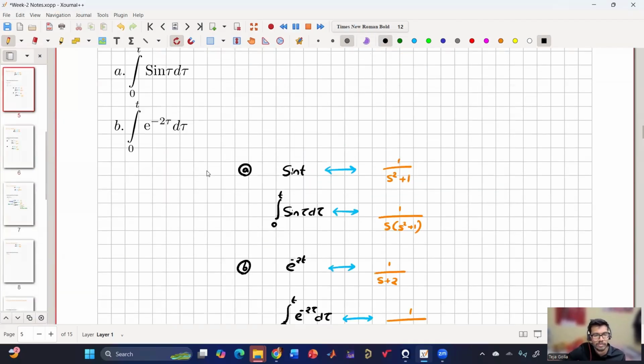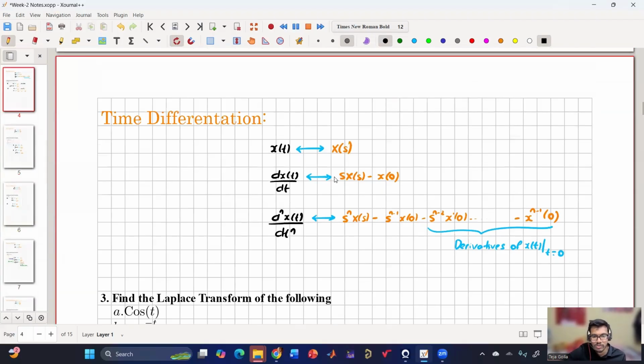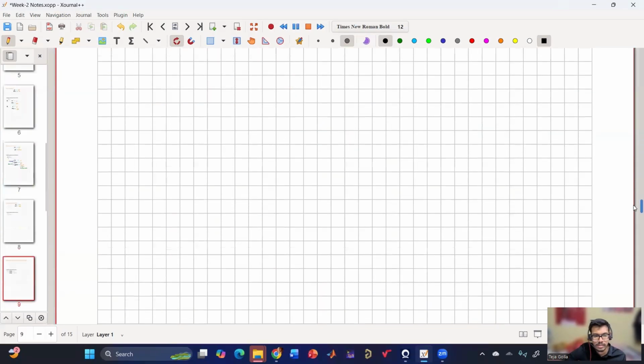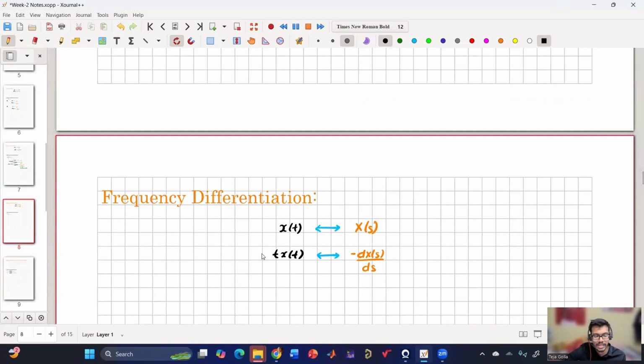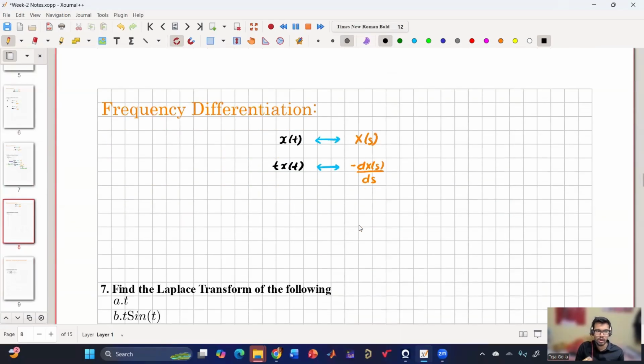If you go to time differentiation, if I have derivative, I'll have s into x of s minus x of 0. Whereas here I have t into x of t, but here one minus sign is coming additionally. So we can almost correlate time to frequency, frequency to time, but these minus things are something that we need to pay some attention to and should not make any such mistake.